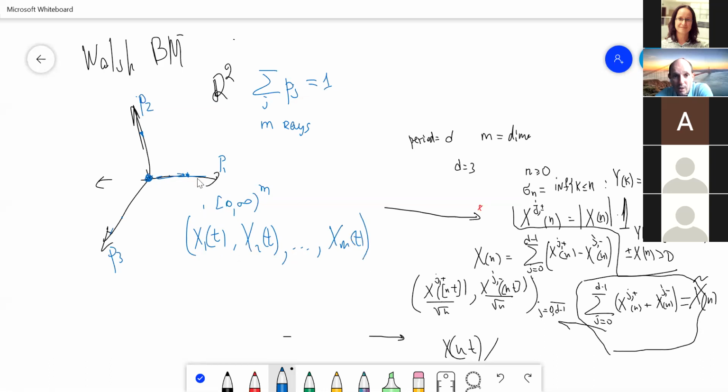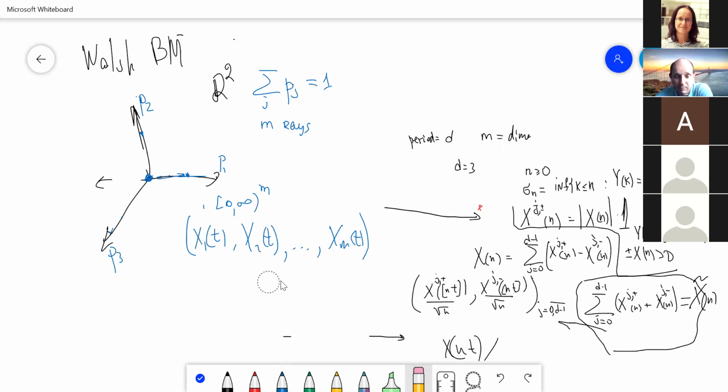And xj is 0 if you are not on this ray. So only one of these coordinates may be non-zero, and if, say, xj of t is not 0, then your process is on the j-th ray.